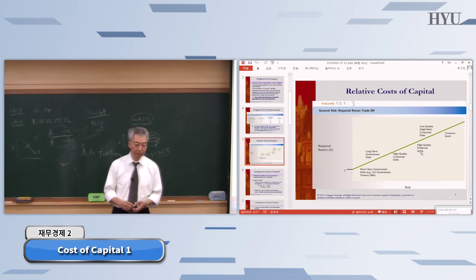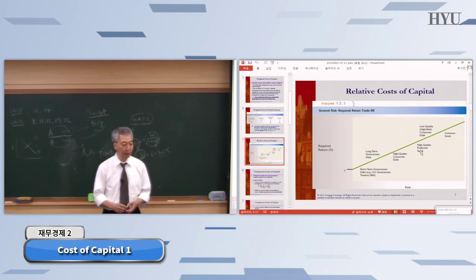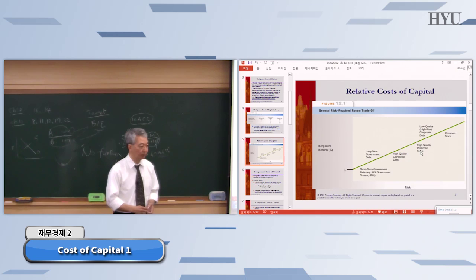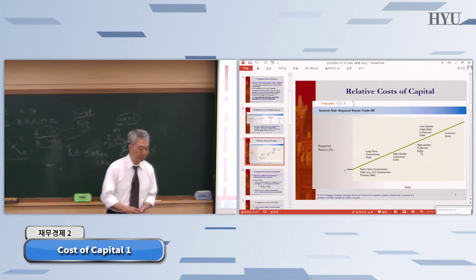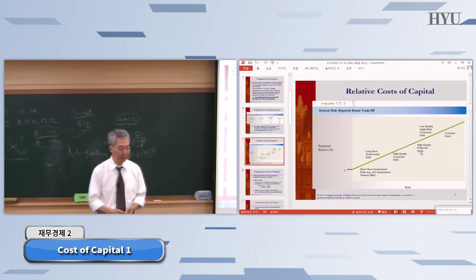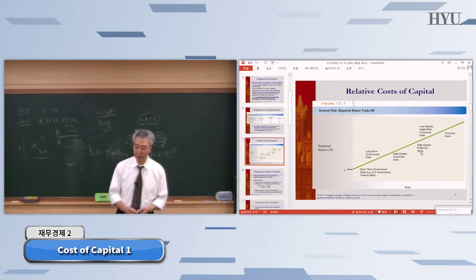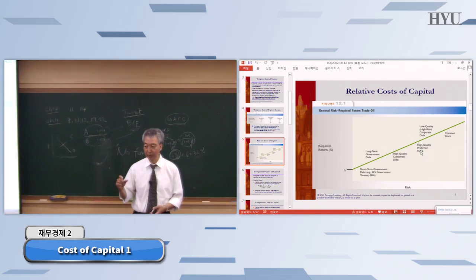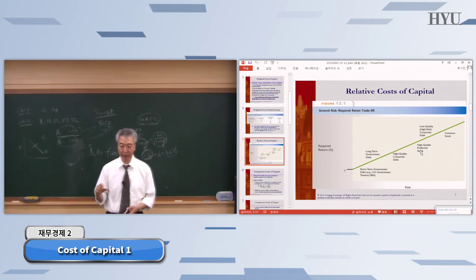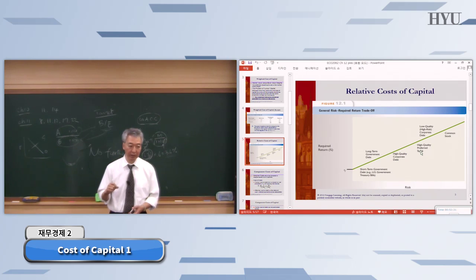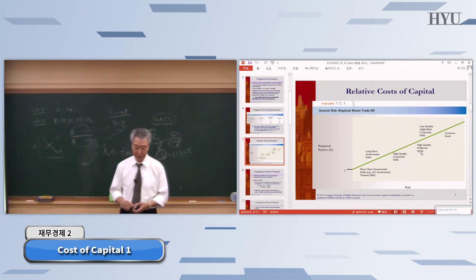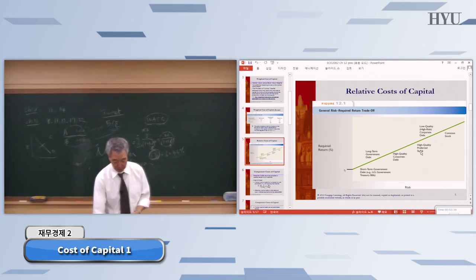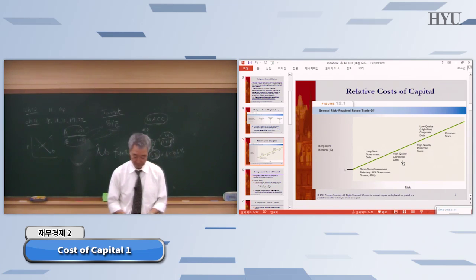But as far as preferred stock goes, if the company's financial situation is not very good, you can skip the dividend payment. Well, those skipped payments accumulate, so at some point in the future, you have to pay all those back. But at least you can skip some dividend payments. So that's the difference, and that's why it is considered a little bit riskier than the corporate bond, okay?